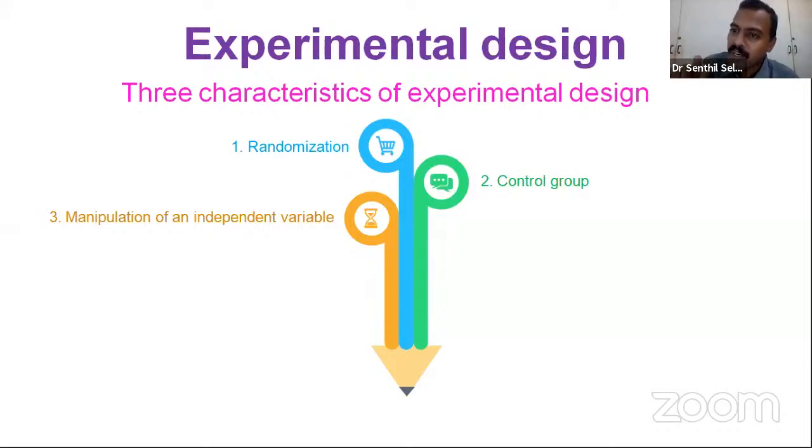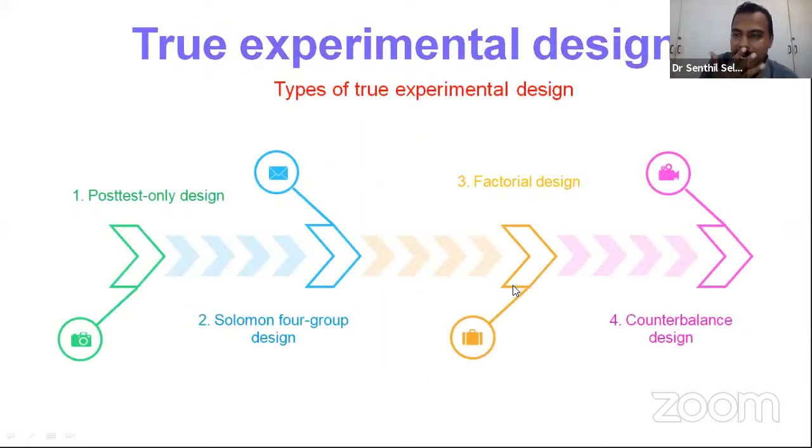The experimental group is going to be provided the treatment, and the control group is going to have the treatment withheld. So if all these 3 characteristics are present, the randomization, the control, then the manipulation, then that research design is called true experimental design.